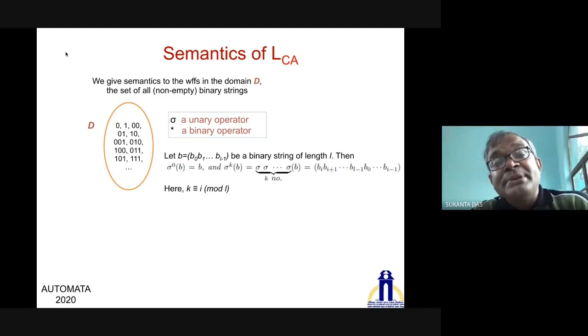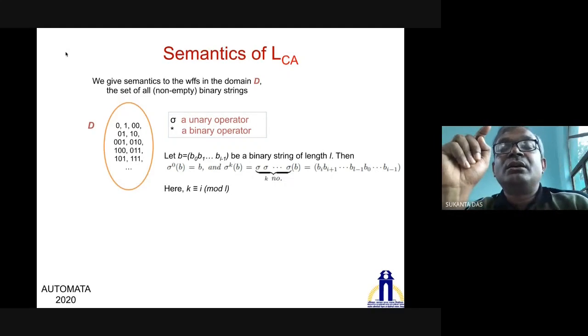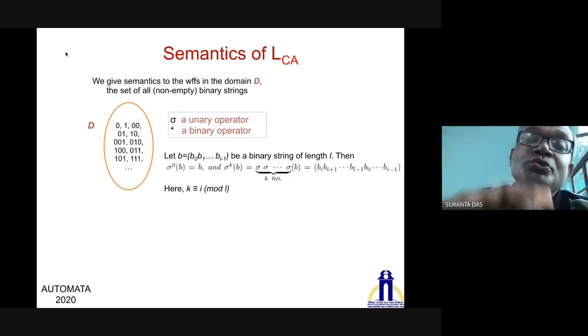Let b be a binary string of length L. How do we write b? Say b0, b1, ..., b(L minus 1). We normally write the string in this fashion. Then there is a definition of this unary operator sigma. In the case of syntax, sigma was a symbol. Here we are giving meaning to these symbols.